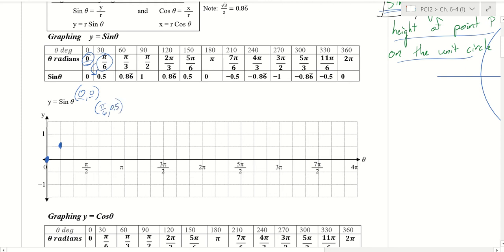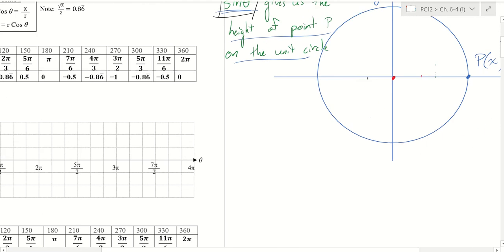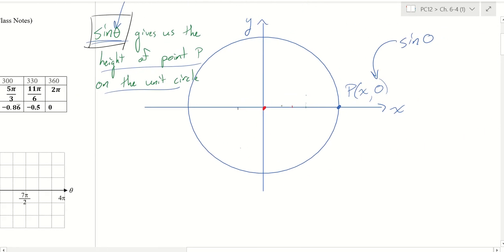And so we get this point on our graph. What would that correspond to on the unit circle? Well, we know that for an angle of 30 degrees, or pi over 6 radians, we would get another point with some x-coordinate. Doesn't really matter for now. We could call this x1, this x2.